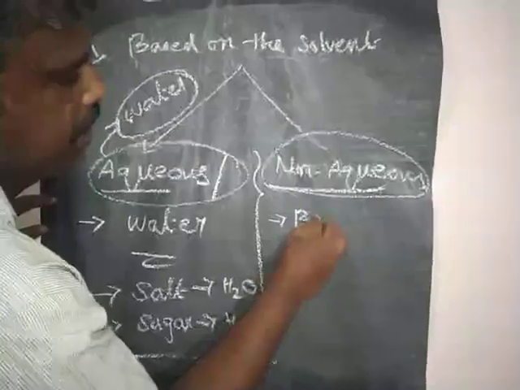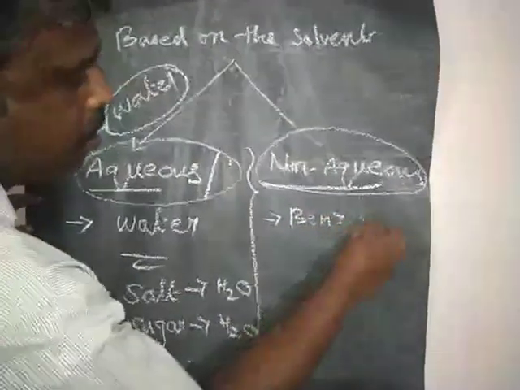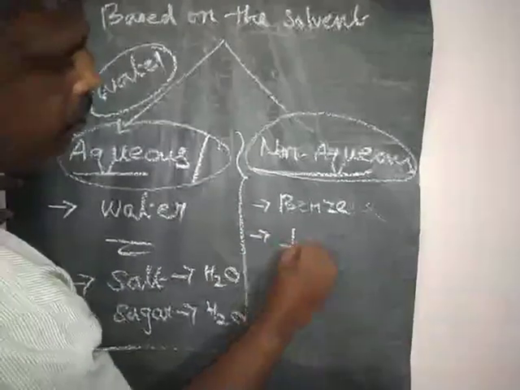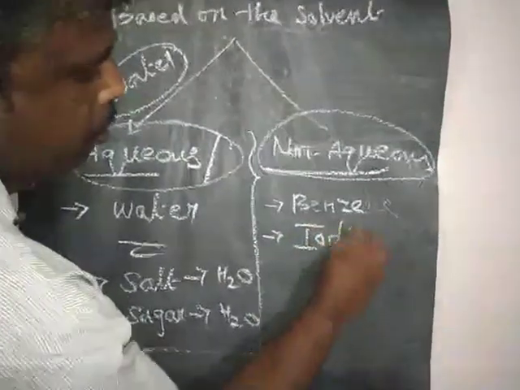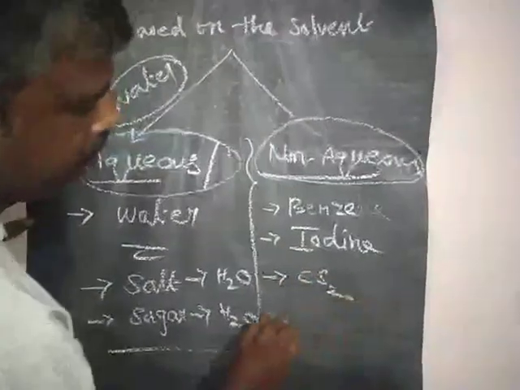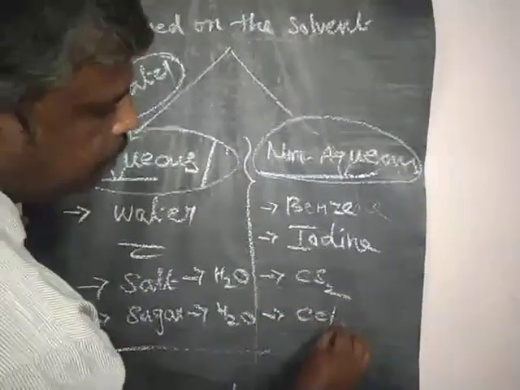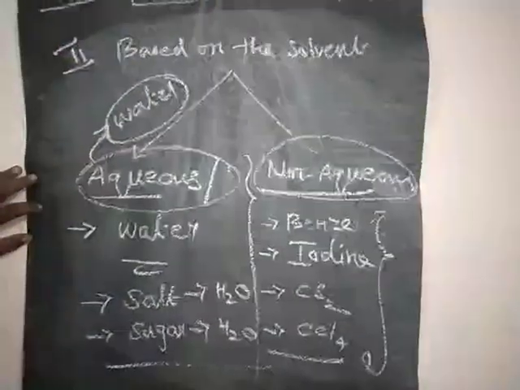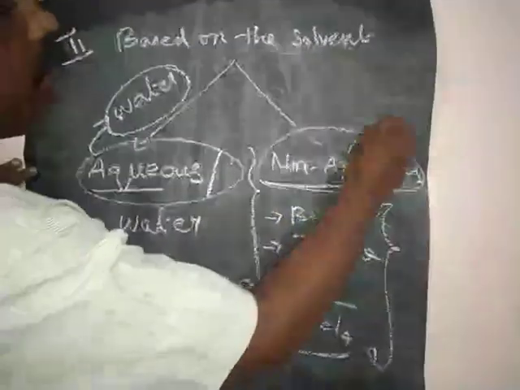Examples of solvents: benzene, carbon disulfide, carbon tetrachloride. These act as a non-aqueous medium.